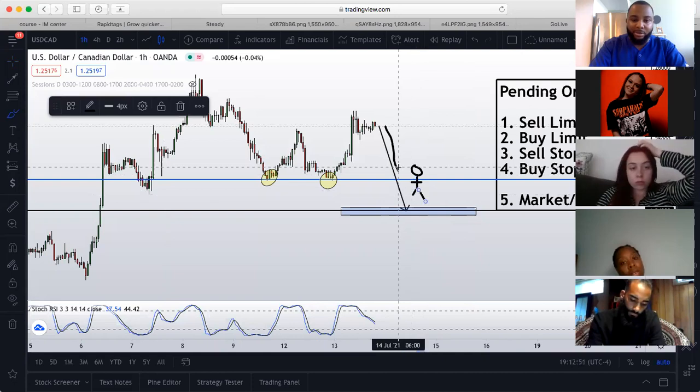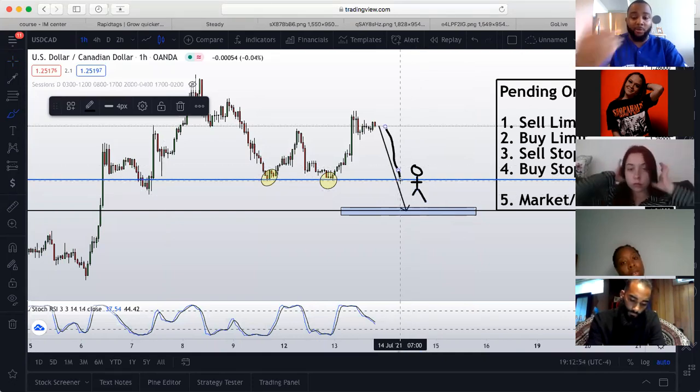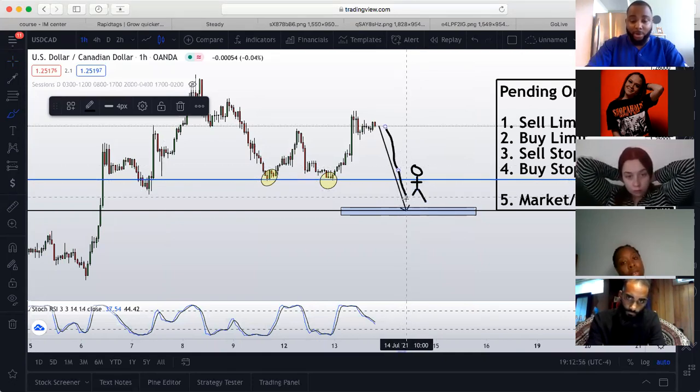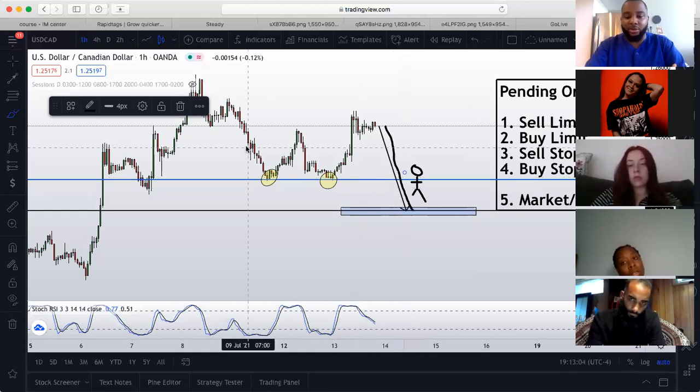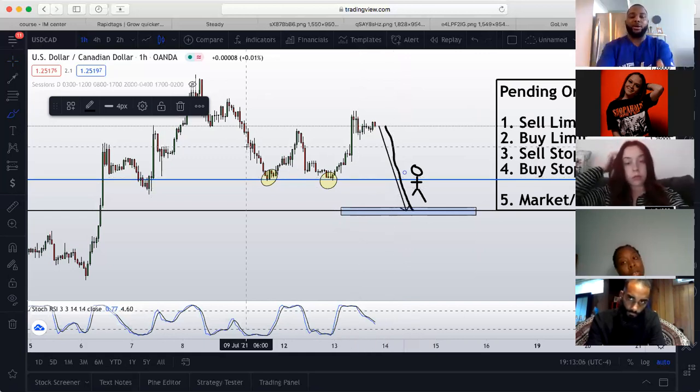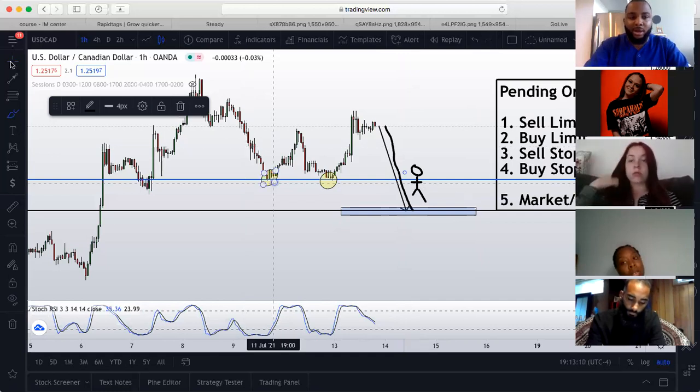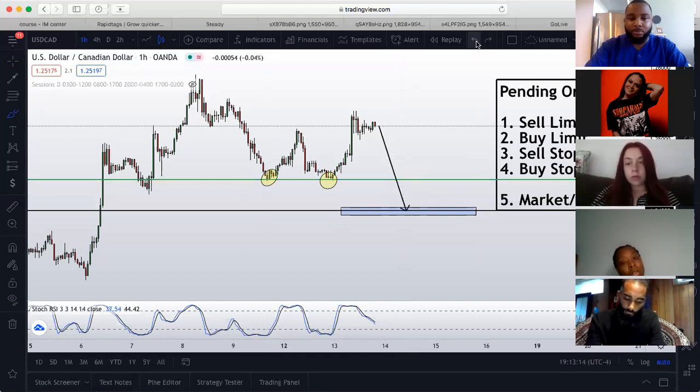You want the bus to come to the stop, pick you up, and then continue going. That's what a sell stop is. You want the market to cross this line, and once it crosses it, to let you into the trade and continue it going, okay?